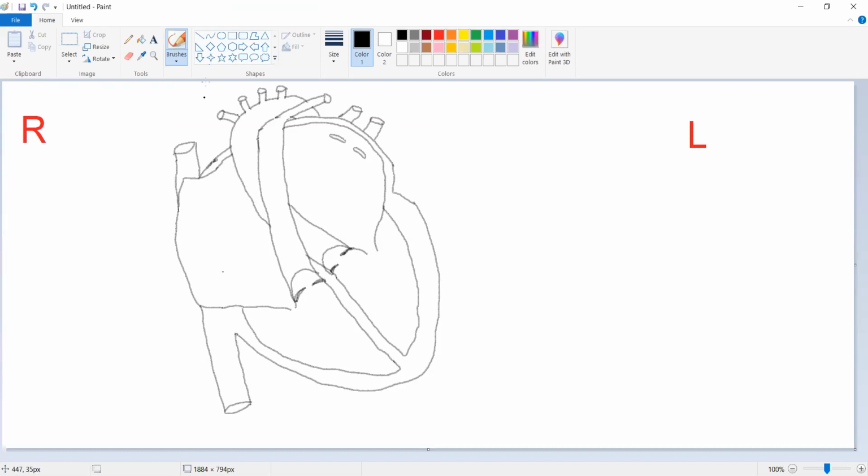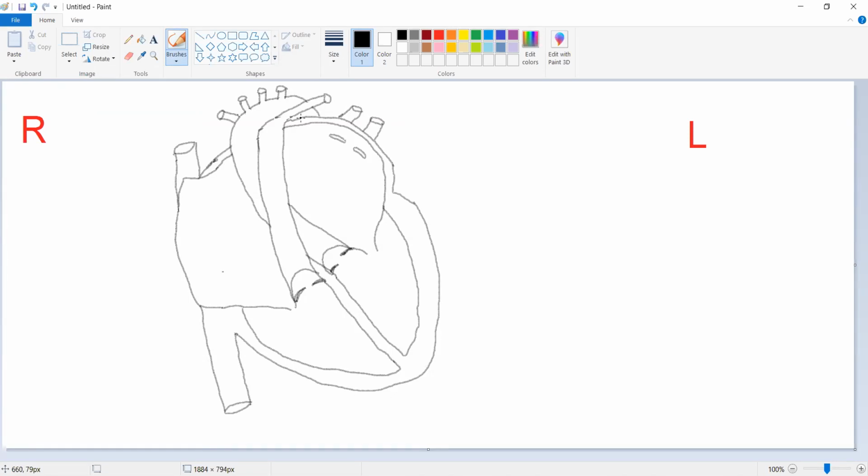Okay, right, let me just touch up this part. All right. So basically we are done with the cross section of the heart.